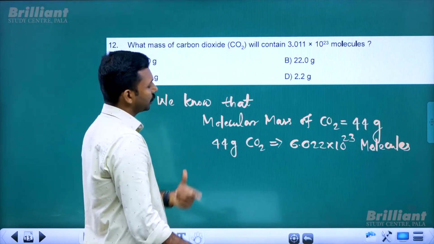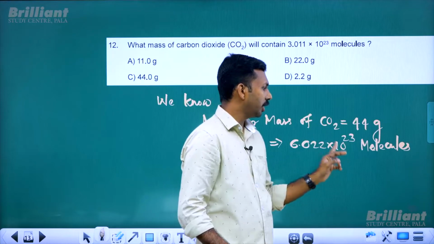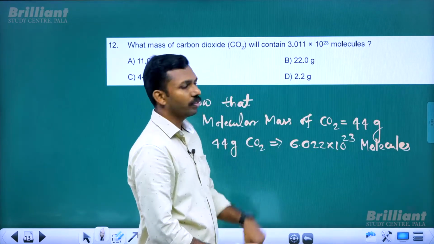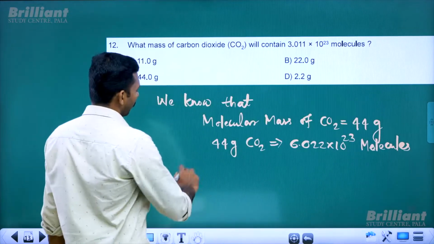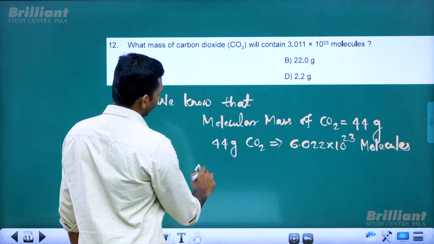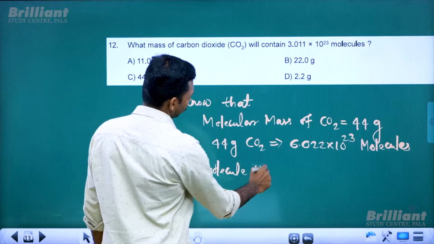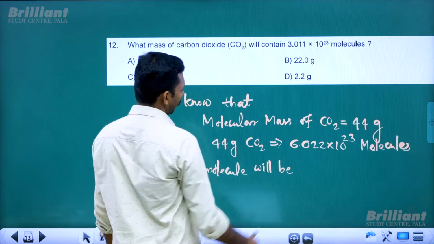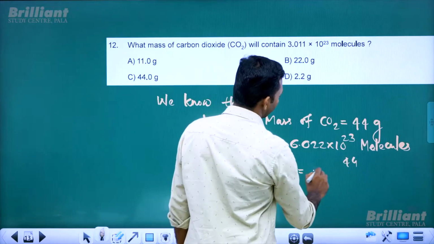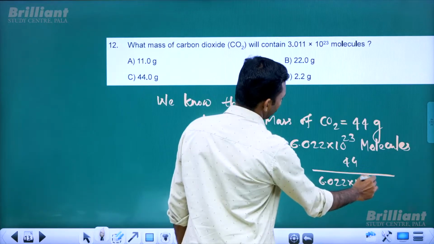From this, it is clear that 6.022 into 10 raised to 23 molecules of carbon dioxide contain 44 gram. So, the mass of one molecule will be 44 divided by 6.022 into 10 raised to 23, right?